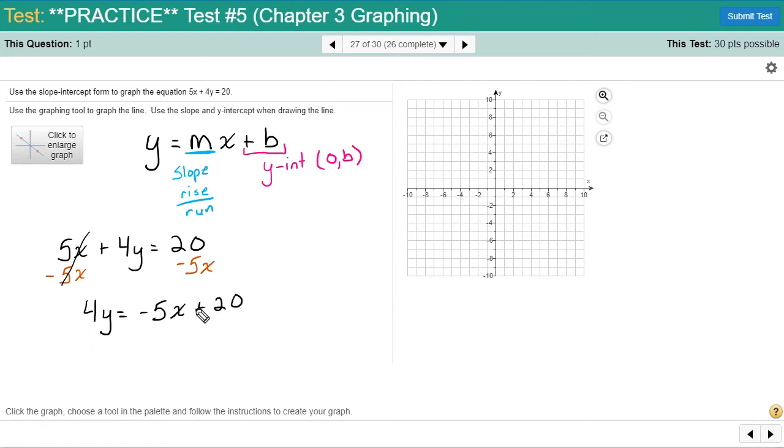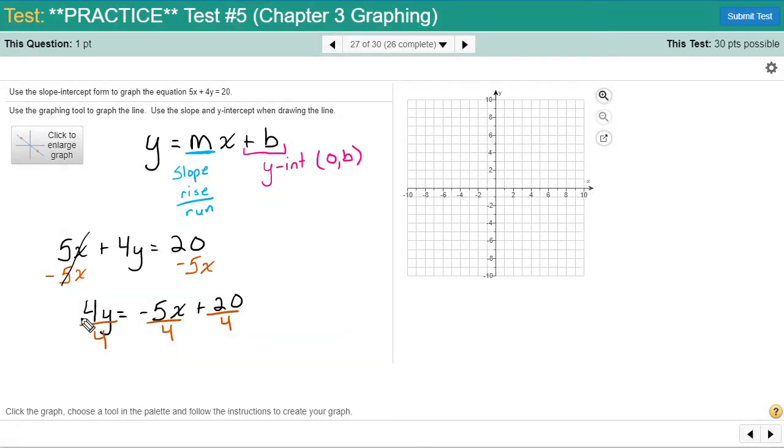And of course, the reason it's a plus 20 is because on the right-hand side, the sign in front of that 20 is positive. And so when we actually need to show the sign for addition, we will say plus 20 because it's a positive 20.